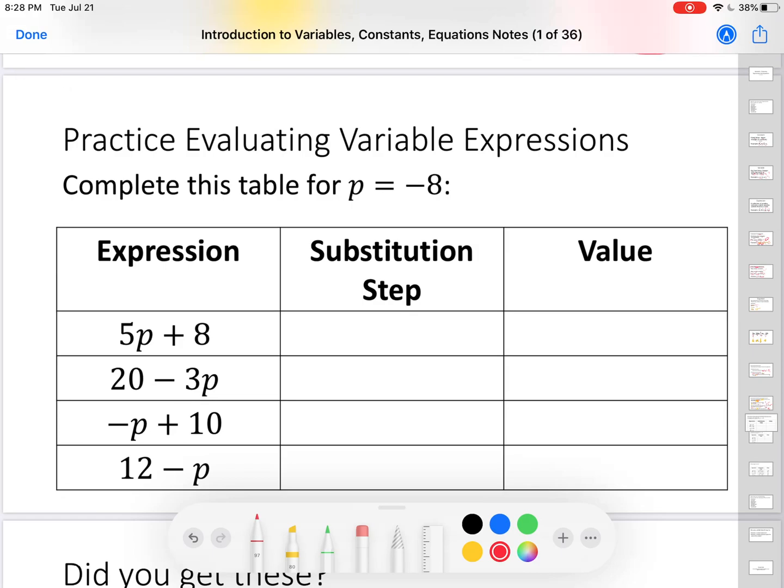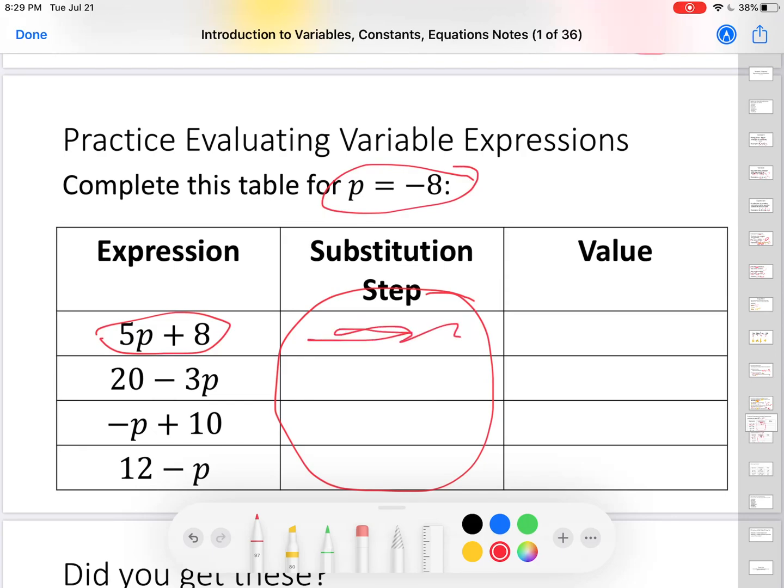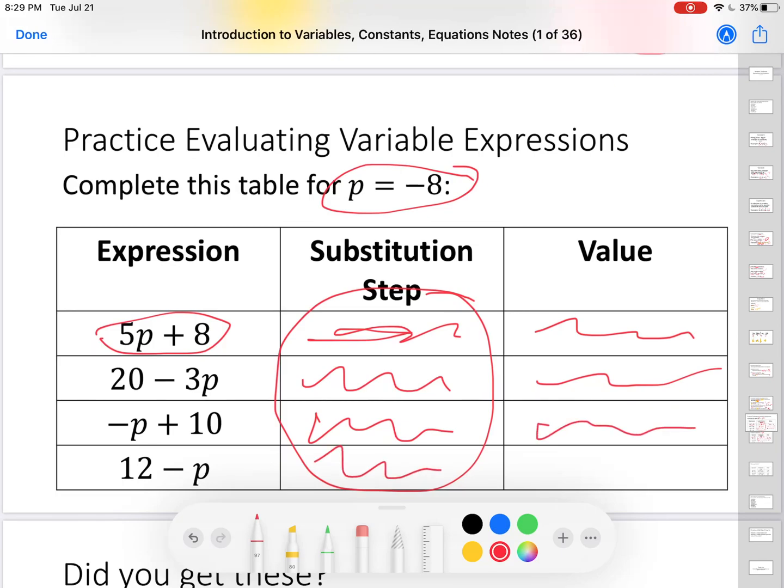All right, so now I want you to practice evaluating variable expressions. Complete this table for p equals -8. In this space, you're going to write the substitution step, and write the value here.